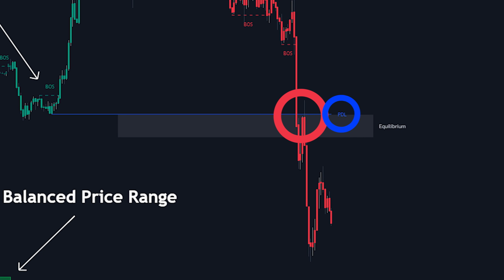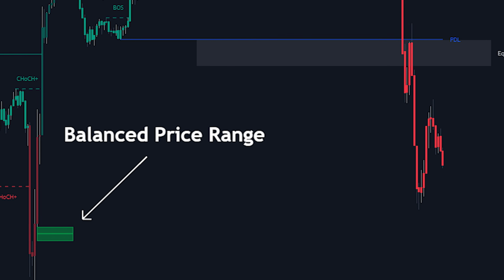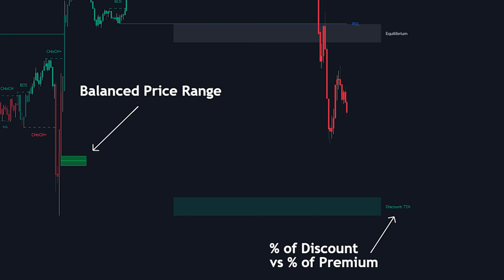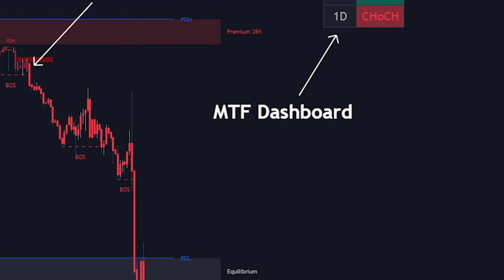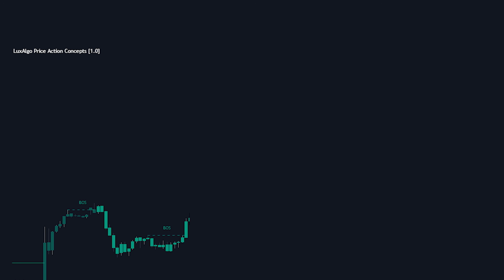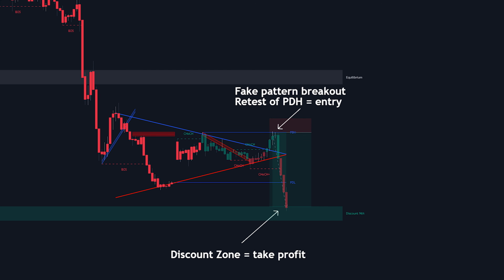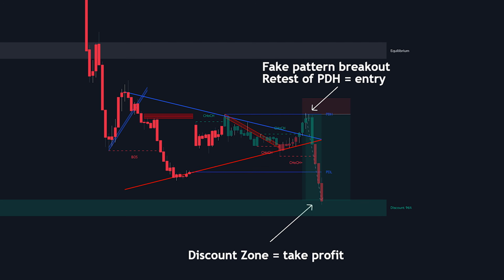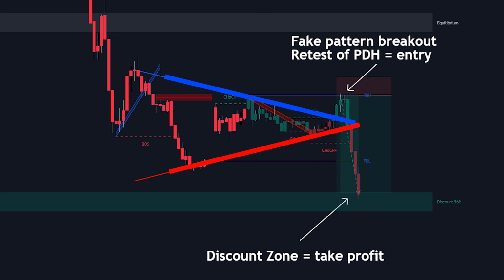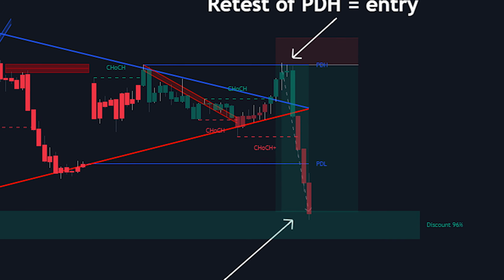And by utilizing features alongside this market structure analysis, such as noticing price revisiting the previous daily low level, plus the equilibrium acting as resistance, plus a balanced price range below the price, the discount zone below with the high 72% metric, and the multi-time frame dashboard displaying an overall bearish structure, you can instantly gain a deeper interpretation of price action, make highly confluent trading plans while avoiding classical technical indicators, and use traditional retail trading concepts such as chart patterns or trend lines to their advantage in finding logical areas of liquidity and points of interest in the market.